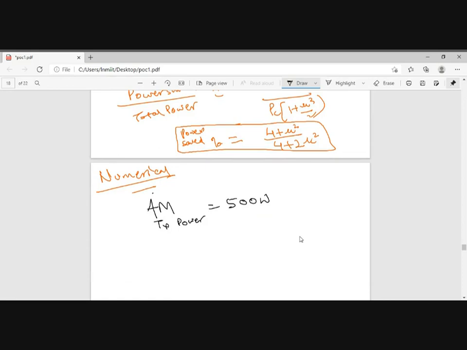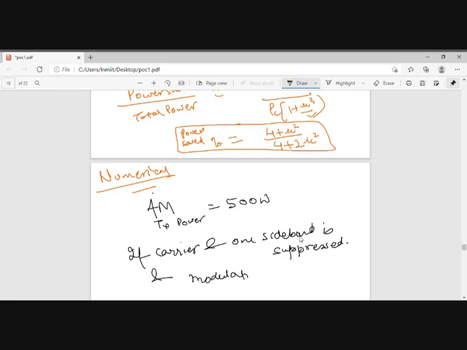Find the amount of power saved if the carrier and one sideband are suppressed and the modulation index is 0.5.